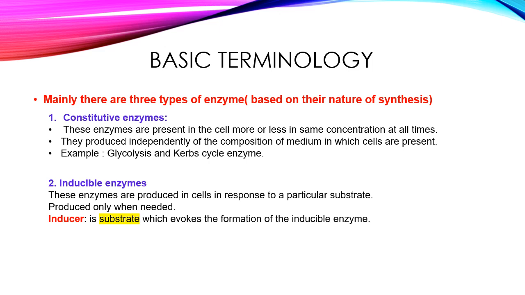Now, what is the substrate which is triggering the production of these inducible enzymes? This substrate is called the inducer. So you can tell an inducer is a substrate which evokes the formation of inducible enzyme.